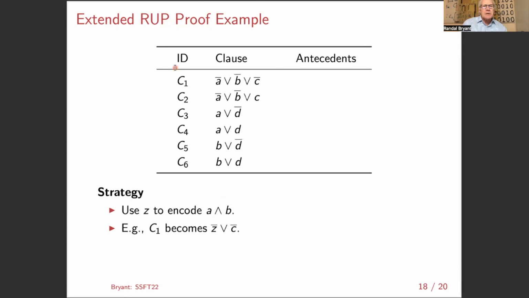But imagine I wanted to introduce a variable z to represent the conjunction A and B. And you can see why I might want to do it, because, for example, if I had z there, I could replace the A bar or B bar here with Z bar and turn this clause into Z bar or C bar, and this clause into Z bar or C. And you'll see that I've got A or D bar and B or D bar, and so I could, again, combine those two clauses to say Z or D bar.